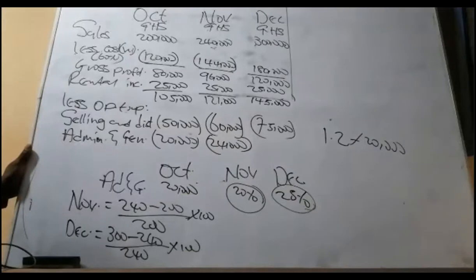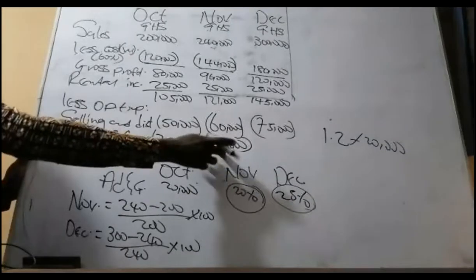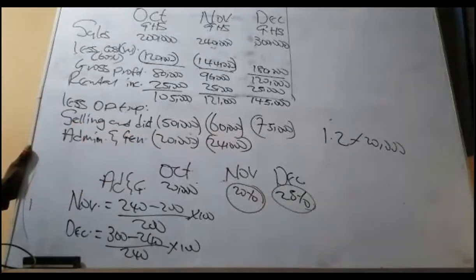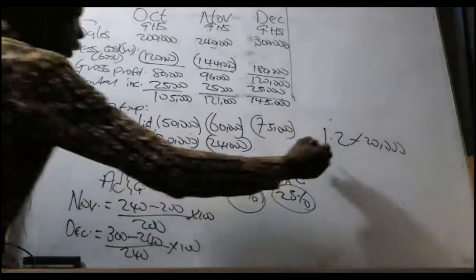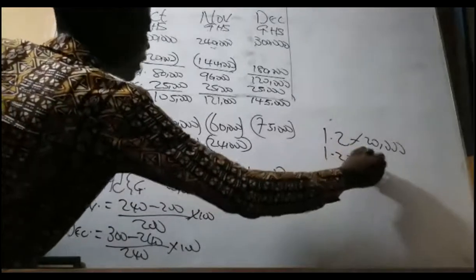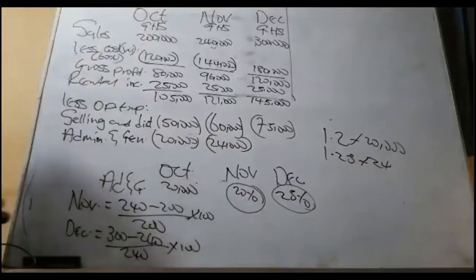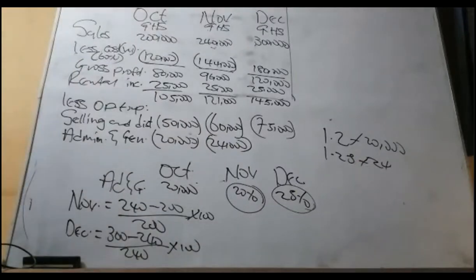Then increase this one by 25%. So you find 25% of this and then you add it back. So that one also will be 0.25 times 24. And that will give us 30,000.